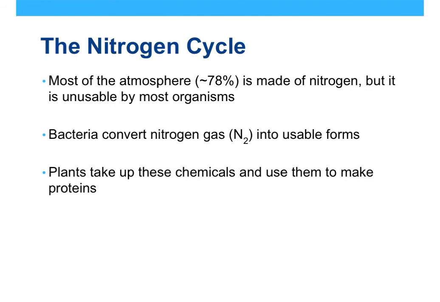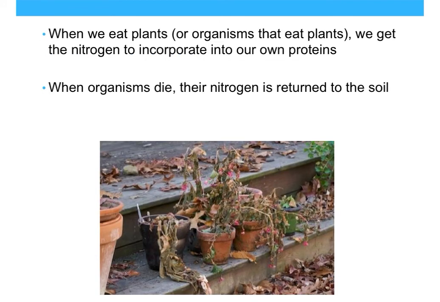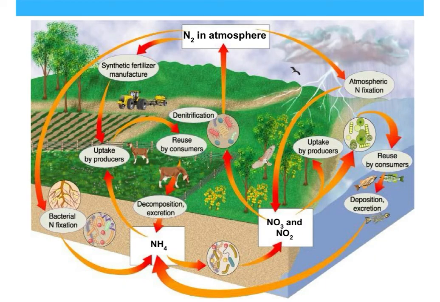And then we have bacteria that take the nitrogen that is trapped in dead decaying bodies and return the nitrogen back to the earth. So you have organisms that do denitrification when organisms die, so that it's not trapped in dead and decaying bodies. As I mentioned, N2, which is nitrogen gas, is in the atmosphere and it's not a usable form.